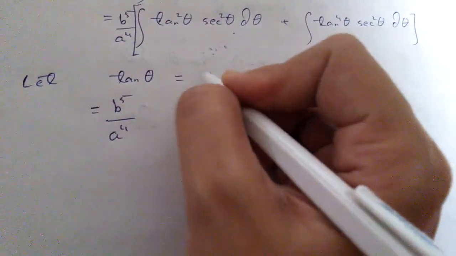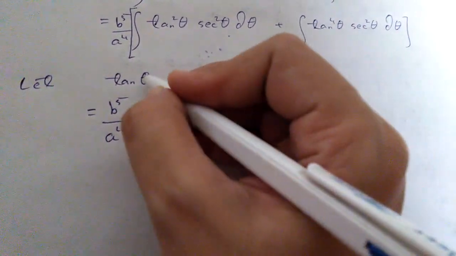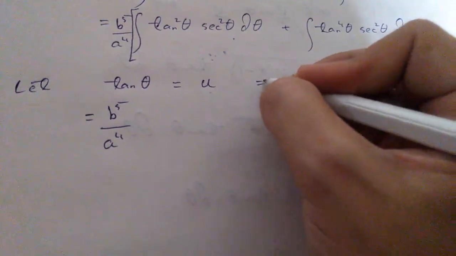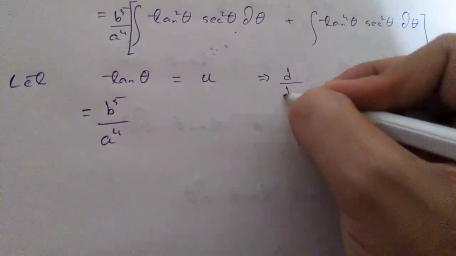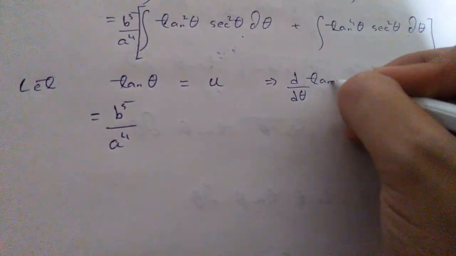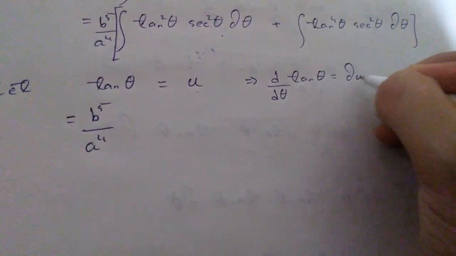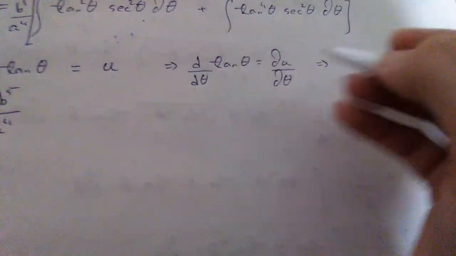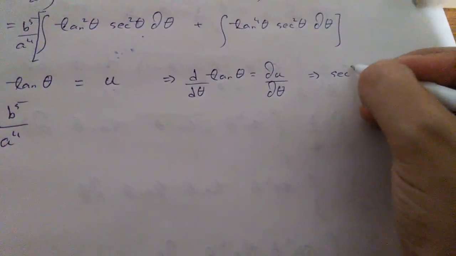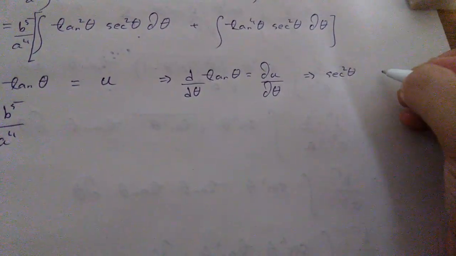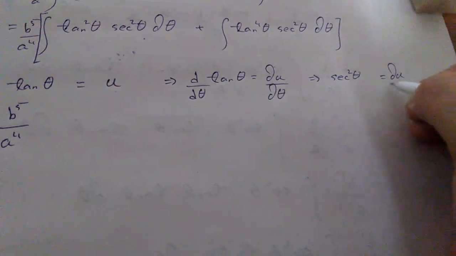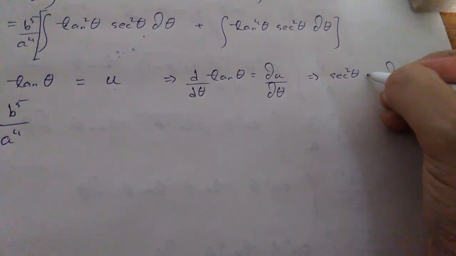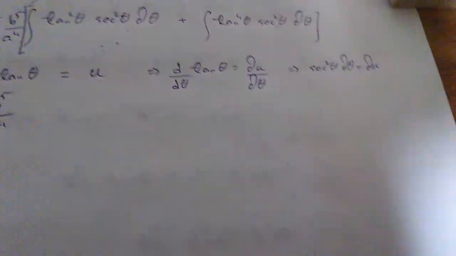Okay, so once when I differentiate both sides with respect to my previous variable theta, I'm going to get something like this. I'm going to get the derivative of your tangent theta is equal to your secant squared theta, and it is equal to your du upon d theta. So this d theta will go over here, so it comes to be like this.